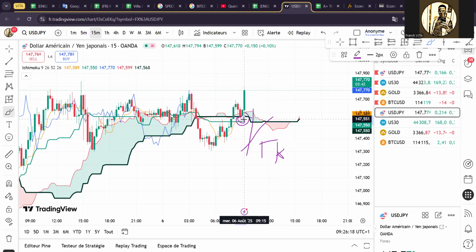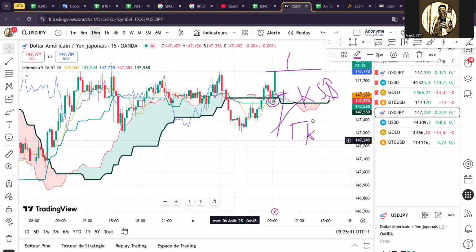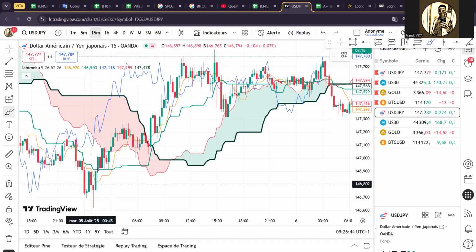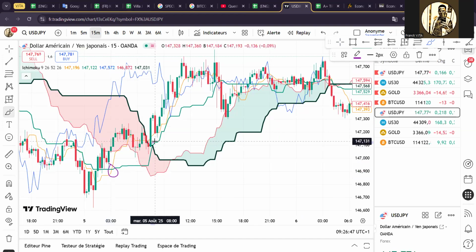But if you are not sure about this, you can wait for Kijun crossing above SSB to have a KSB direction, a secure direction, and then wait for a setup a little bit above here. That's what happened here too. This is the TK cross. You can wait here for a secure direction and then buy here rather than buying somewhere here.